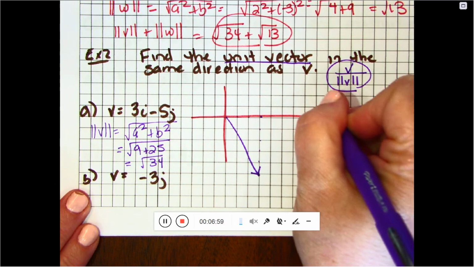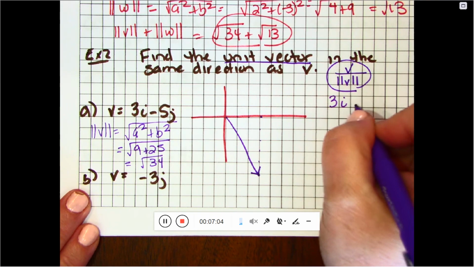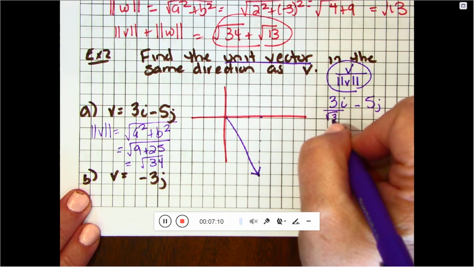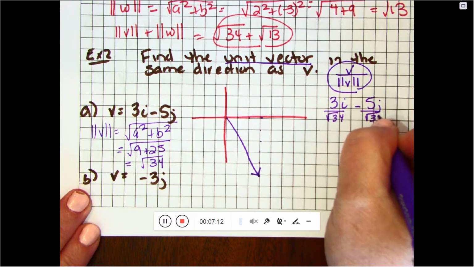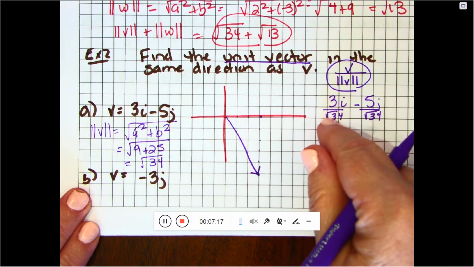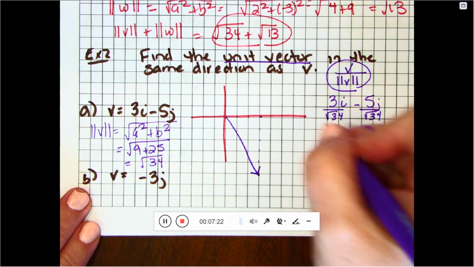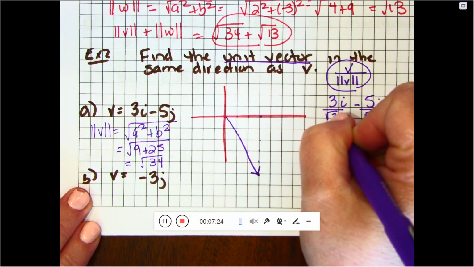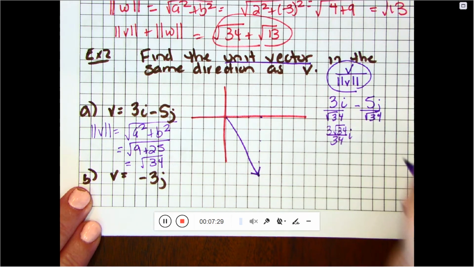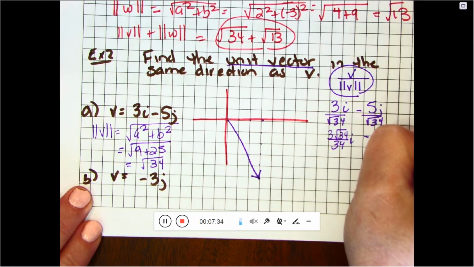So I have this vector 3i minus 5j, and I have to divide each component by its magnitude, which is square root of 34. So I divide each component by its magnitude, and I rationalize this. So this would be 3 square root of 34 over 34 i minus 5 square root of 34 over 34 j.